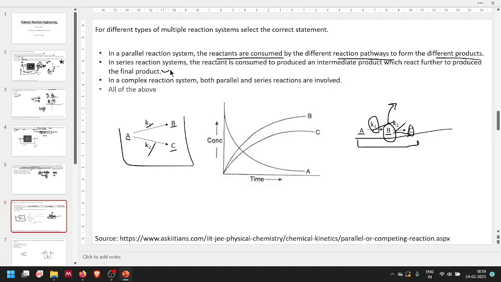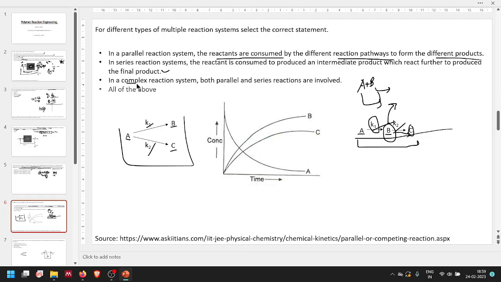Then the third one is: in a complex reaction system, both parallel and series reactions are involved. Yes, a complex reaction can be defined as a reaction having many reactants with different kinds of product formation schemes, as each reactant can have competing reactions or simultaneous reactions, or the reactants themselves can react with each other and undergo series reactions.